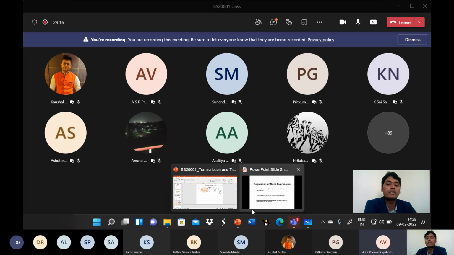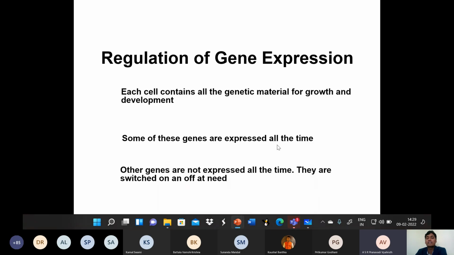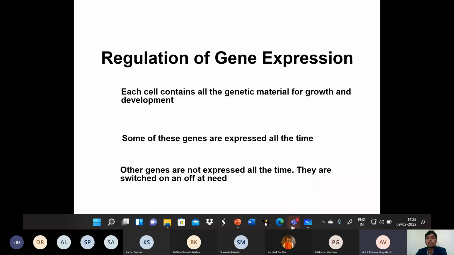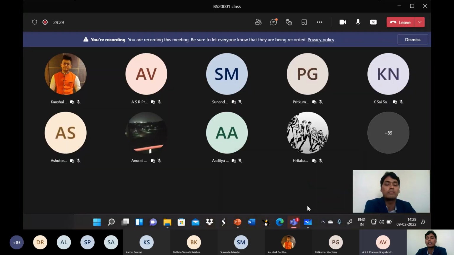So if you see the second statement here, some of these genes are expressed all the time. Based on your current knowledge, whatever you have learned a little bit in science or living systems, can you give any example of a gene that should be expressed all the time?